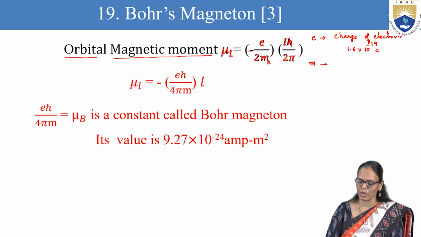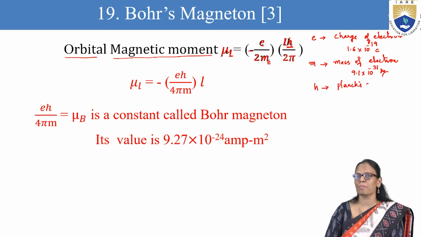The mass of electron is constant, 9.1 into 10 power minus 31 kilogram. h is also a constant. h is Planck's constant and its value is 6.625 into 10 power minus 34 joule seconds.